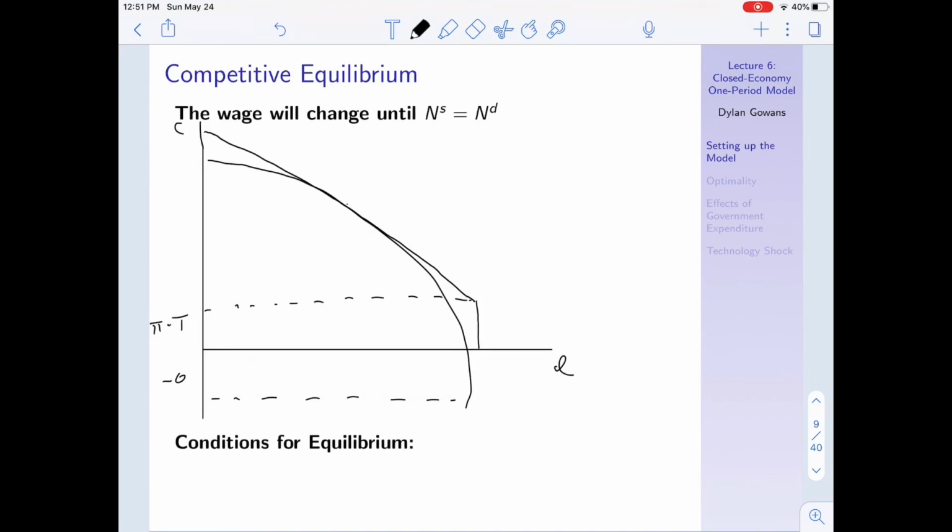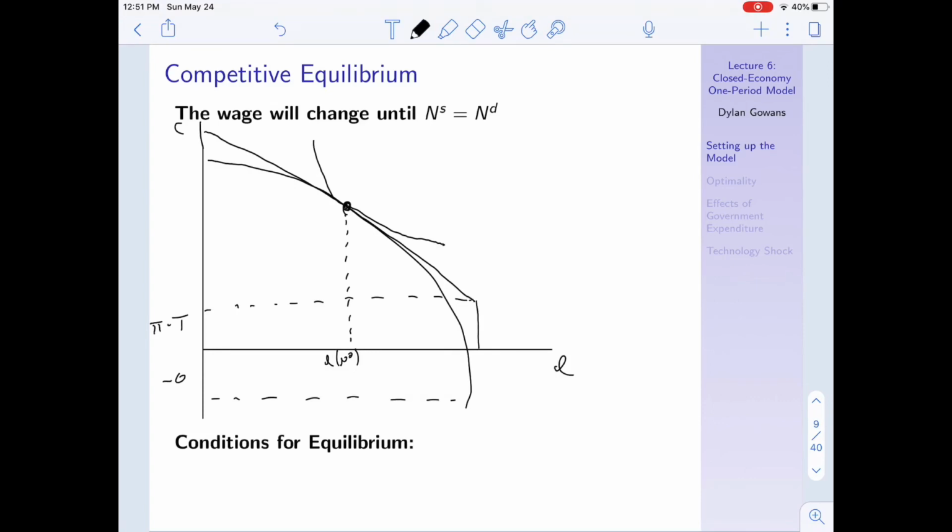Now, for it to be in equilibrium, we need that the firm and the consumer pick the same point. So remember that we saw that if this is the wage, that will be the labor demanded by the firm. So we need, for equilibrium, that the consumer will pick the same point.